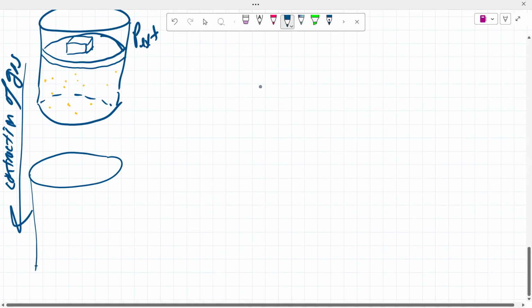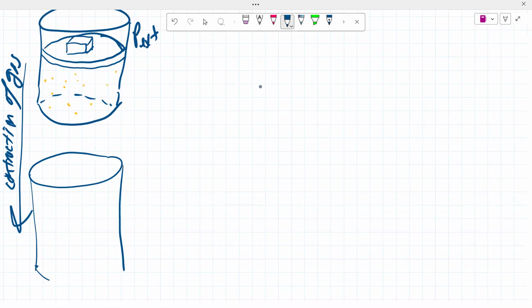Something like this. It's a piston, and here's that. And now the piston is lower. It's very low, and the weight is the same size. The box did not change size despite what the picture may look like.